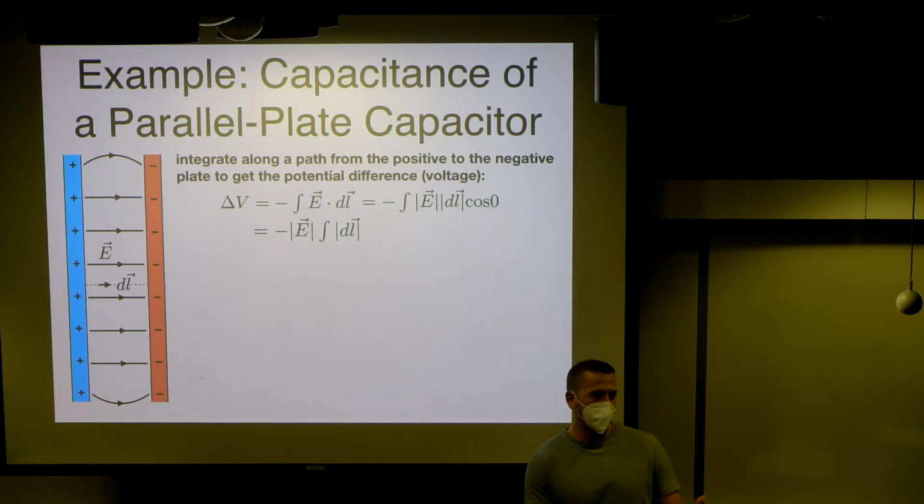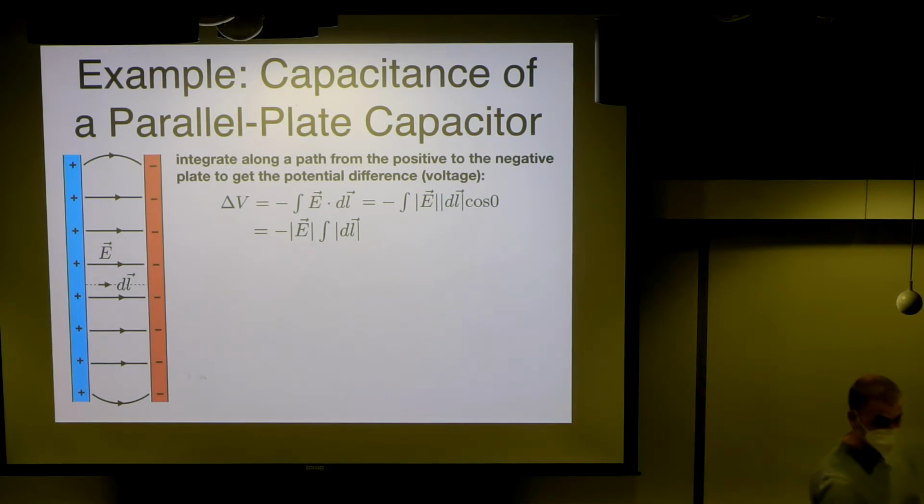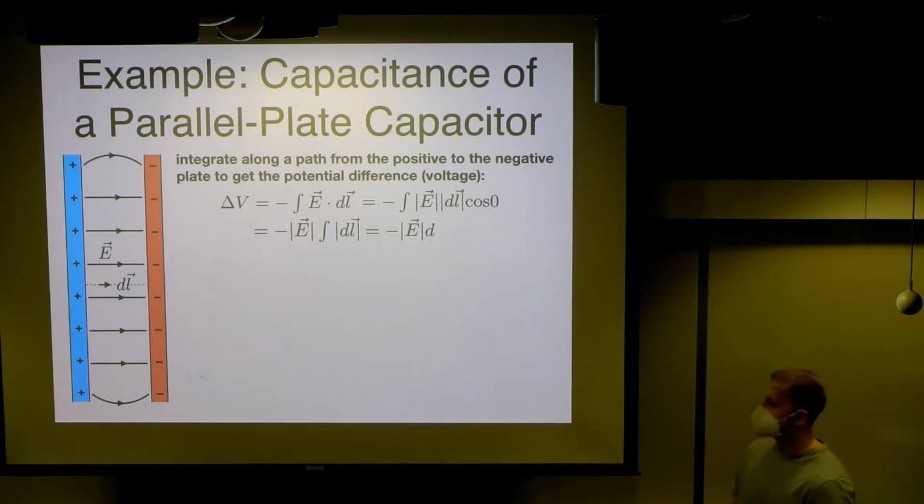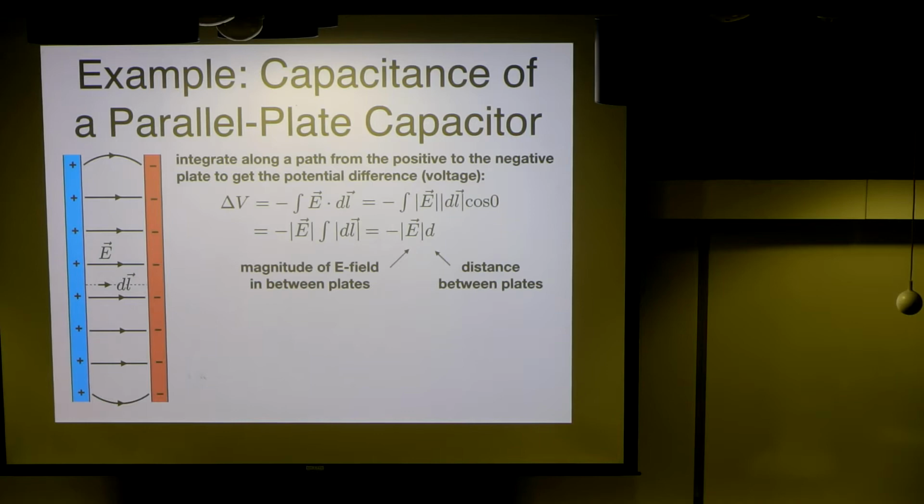So that's just going to be the total distance between the plates at the end of the day, which we're calling d. So this is minus the magnitude of the E field times d. It turns out you drop in potential as you go from positive to negative.